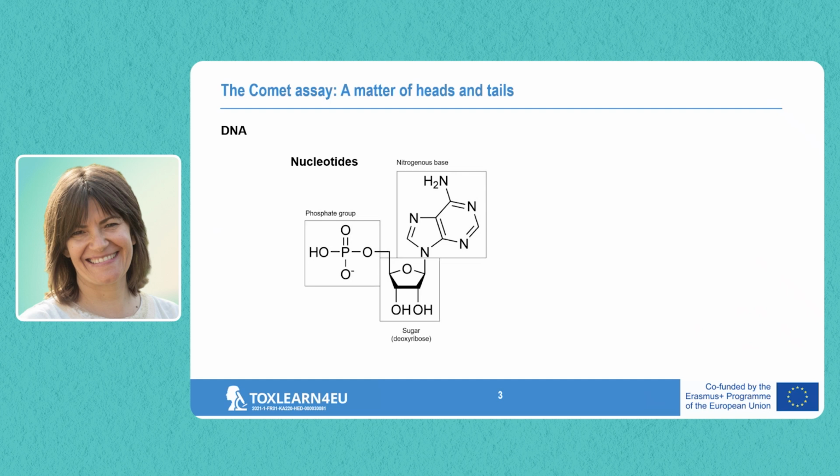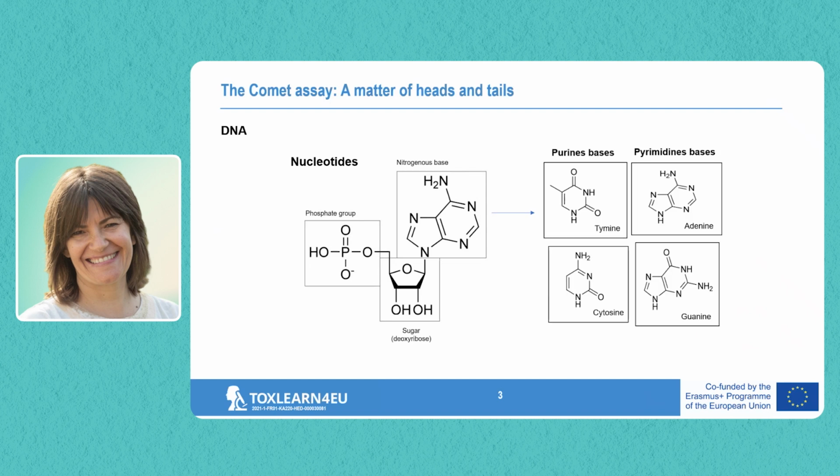Each nucleotide has a sugar, has a phosphate group, and has a nitrogenous base. It's a polymer. This is the monomer, so this is repeated a lot of times.